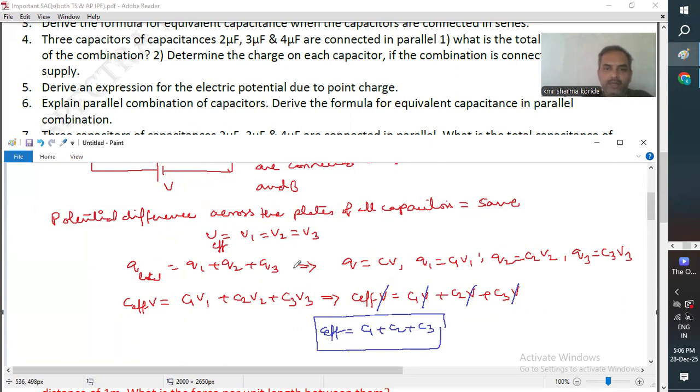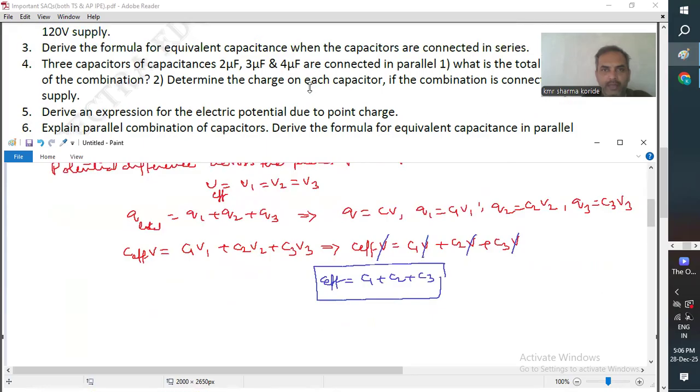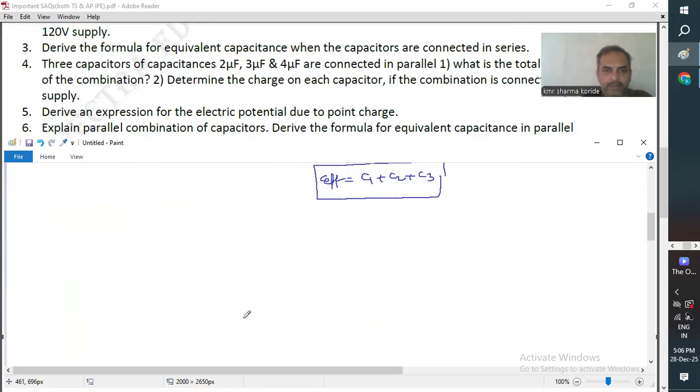Right. Now let us continue the next question, which is a numerical based on the parallel combination of capacitors. Three capacitors, capacitances C1 equal to 2 microfarad, C2 3 microfarad, and C3 4 microfarad, are connected in parallel. What is the total capacitance?